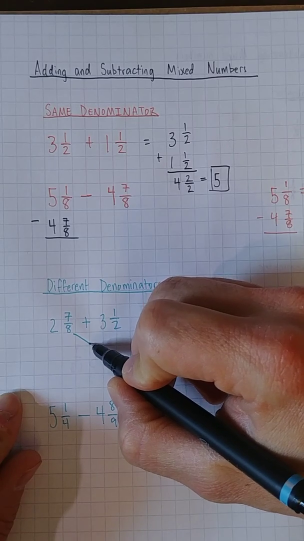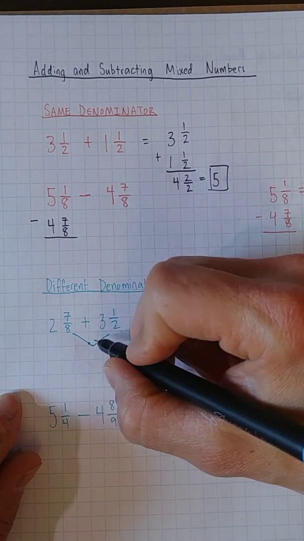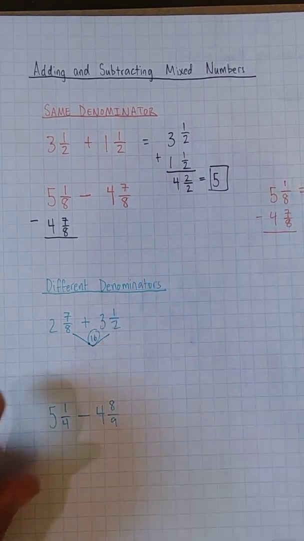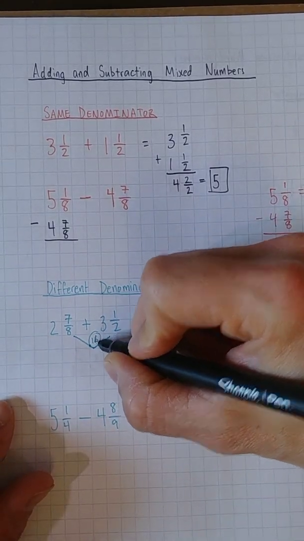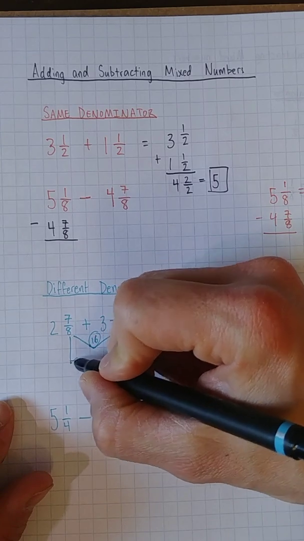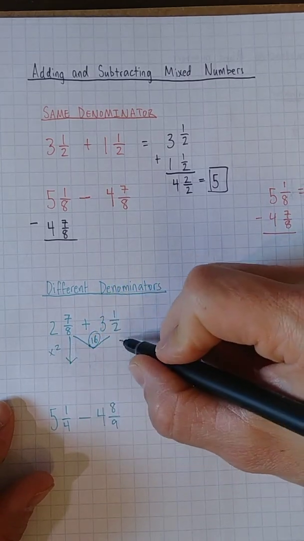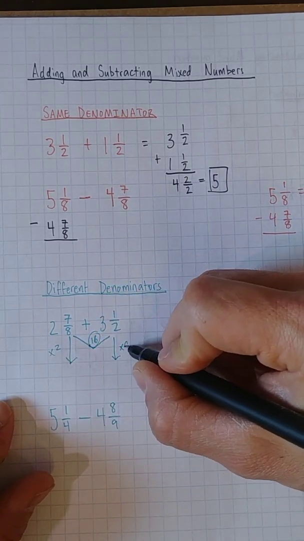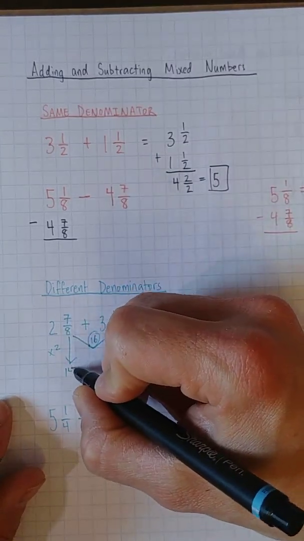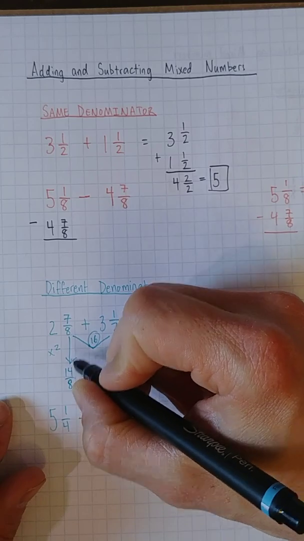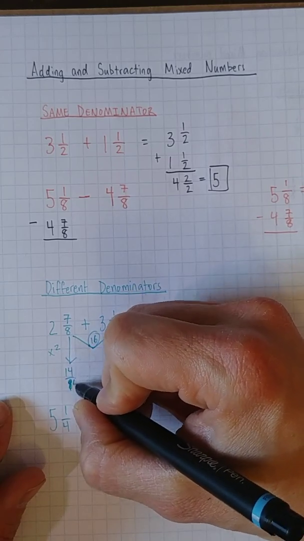And the way we do this is straightforward. We just multiply the two denominators together and we get 16. 8 times 2 is 16. Okay. And then here I remembered I multiplied this by 2 and this side by 8. And so let's see what this looks like. Times 2 would be 14/16.